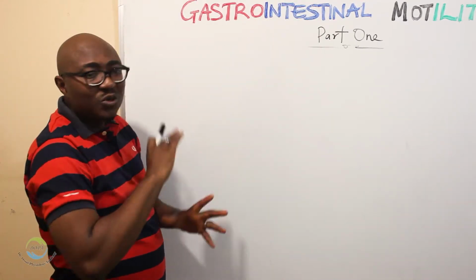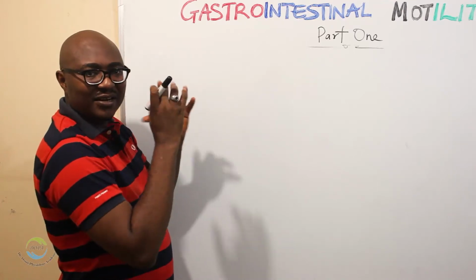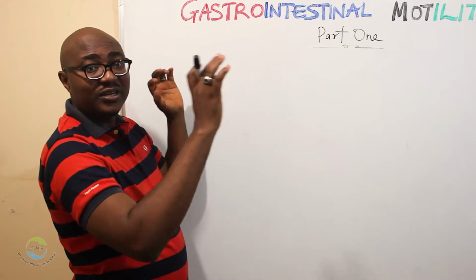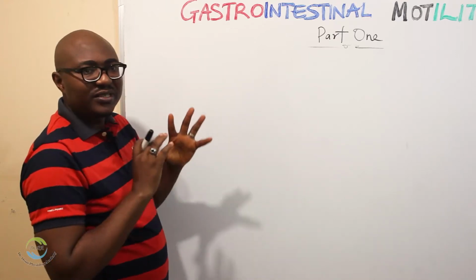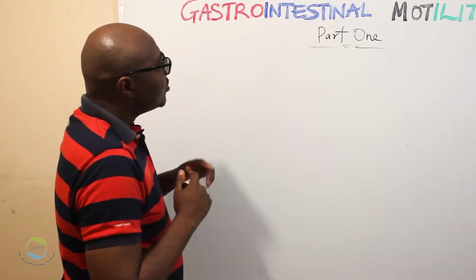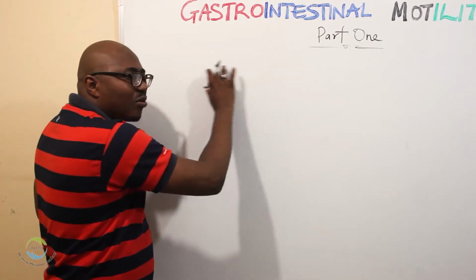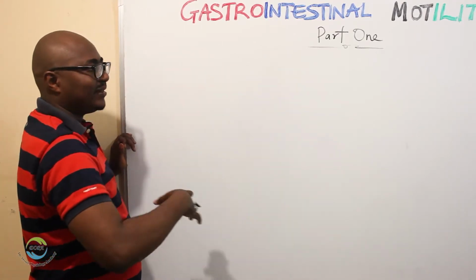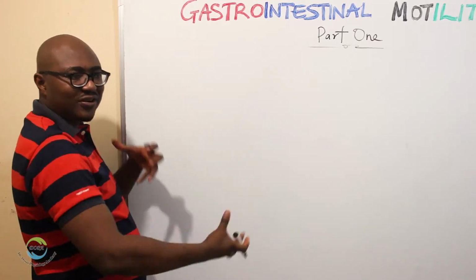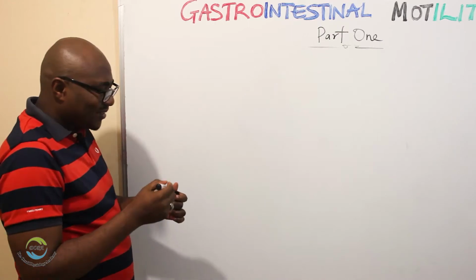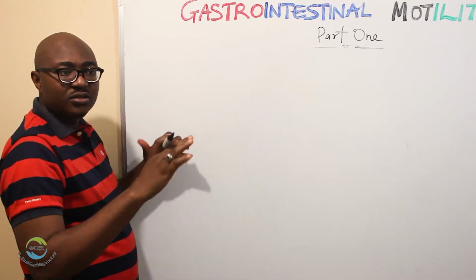All right? So to get an understanding of what I'm saying, visit the part 2 of the introductory lecture to GIT. Look for it and watch. Okay? So what happens is that the impulses released that help in contraction, secretion when they are activated and so on, they can be generated spontaneously.